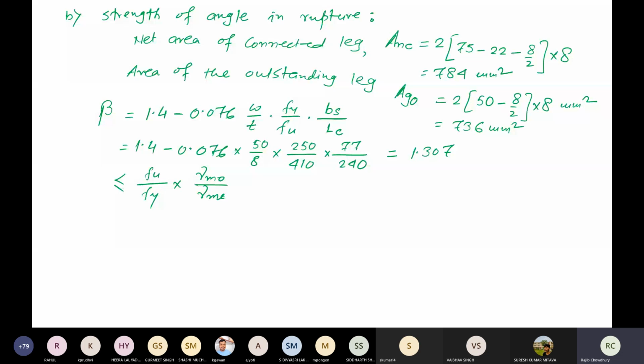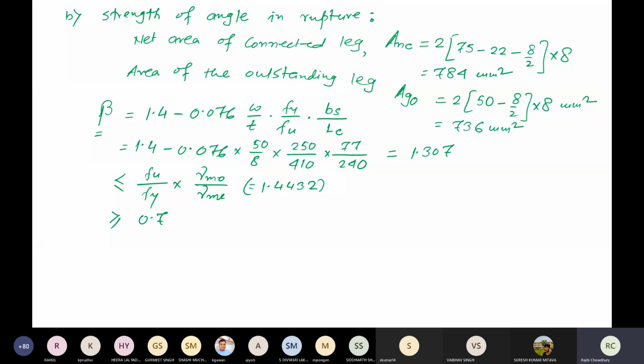So this becomes 1.4432, and this beta should be greater than or equal to at least 0.7. So all the things are satisfied over here.